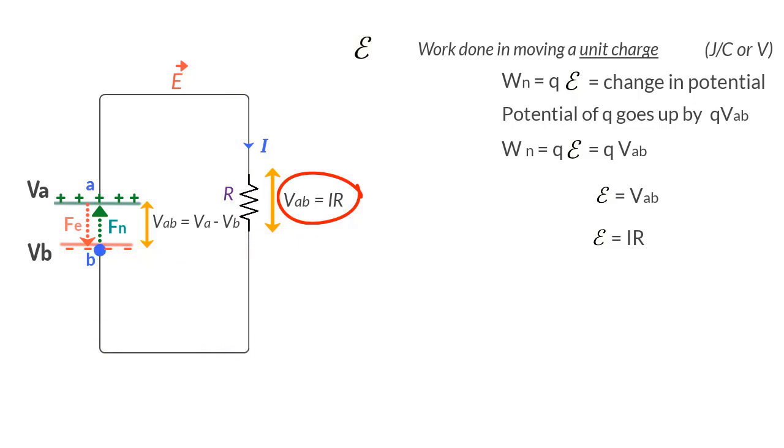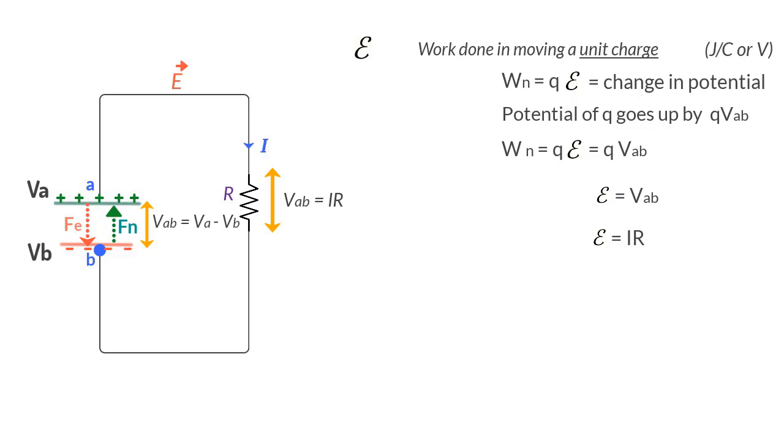Now, we say that this is an ideal source of EMF because there is no drop in potential inside the source. But then, just like there is no frictionless plane, in reality, every source of EMF, in this case a battery, also has an internal resistance that causes a drop in potential.